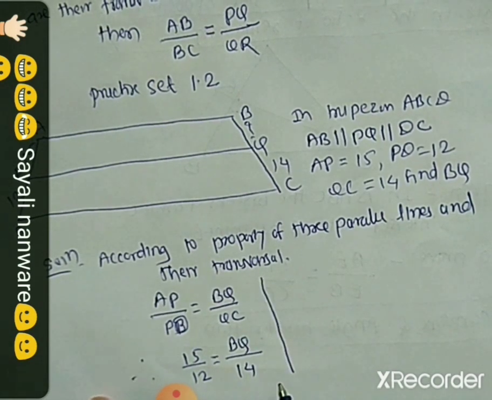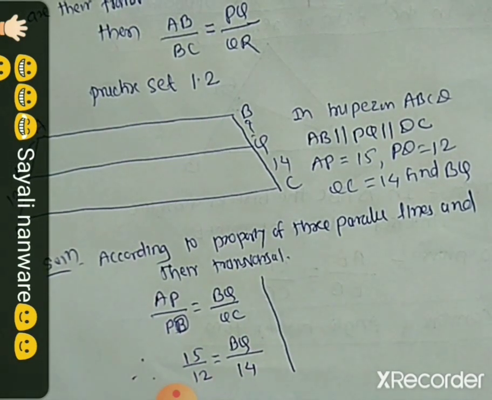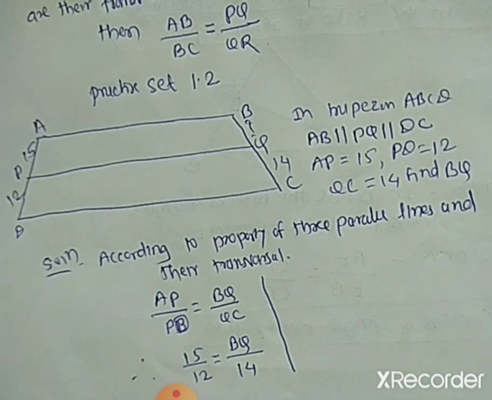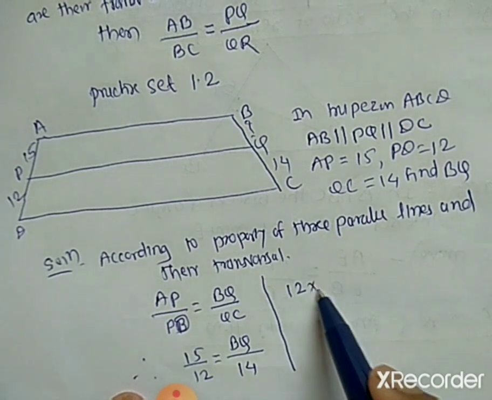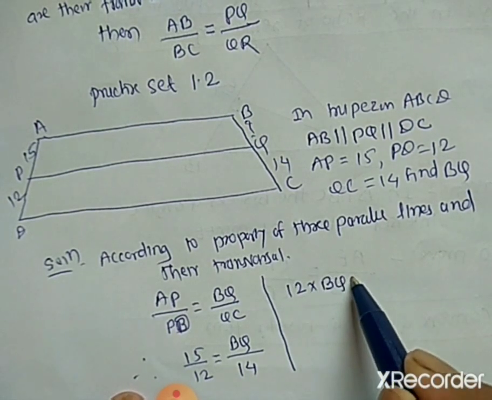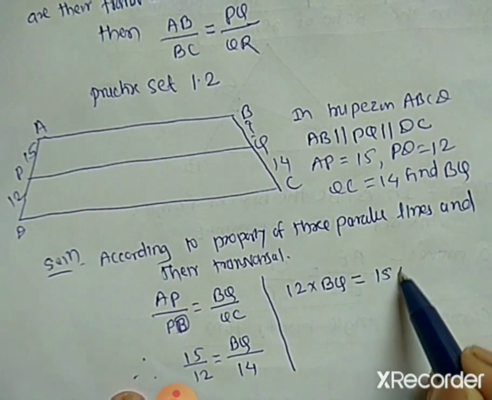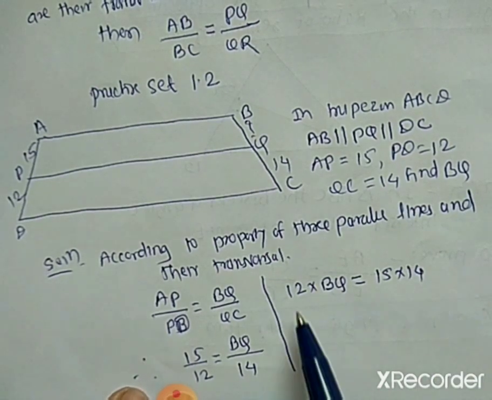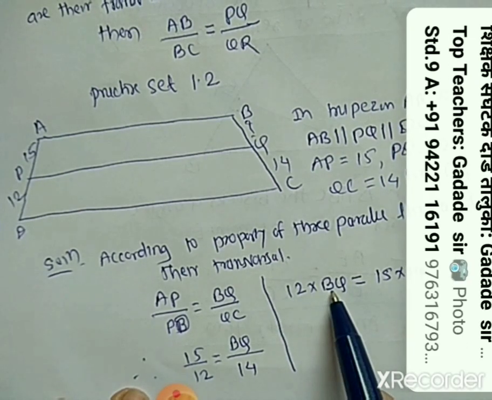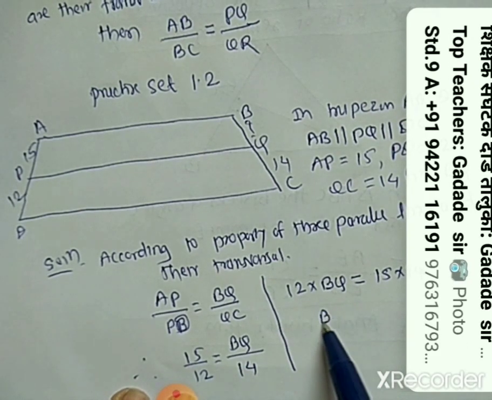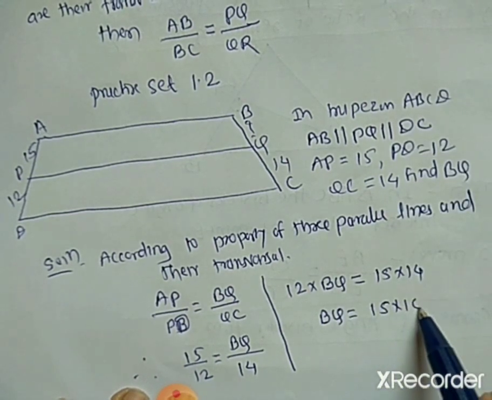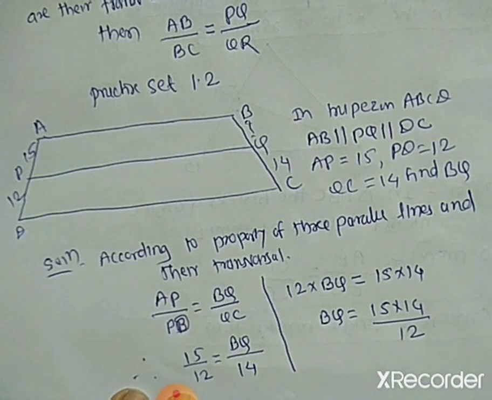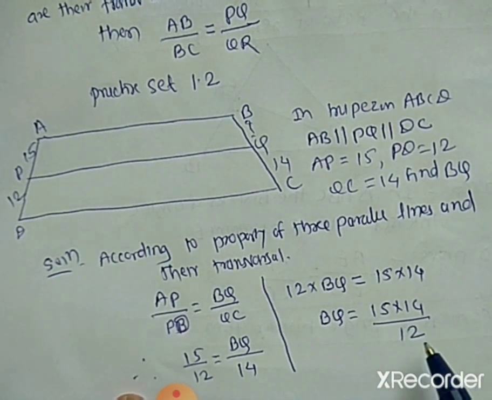Now by doing cross multiplication, what we will get, 12 into BQ is equal to 15 into 14. The 12 is multiplied to BQ. Now BQ is equal to 15 into 14 upon 12. Let us do this multiplication and division.